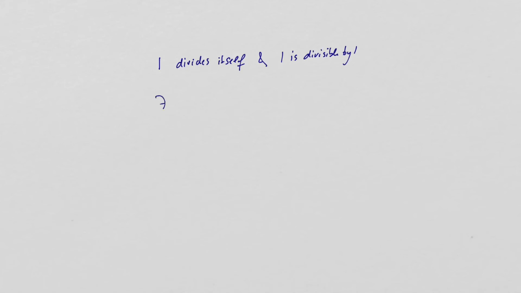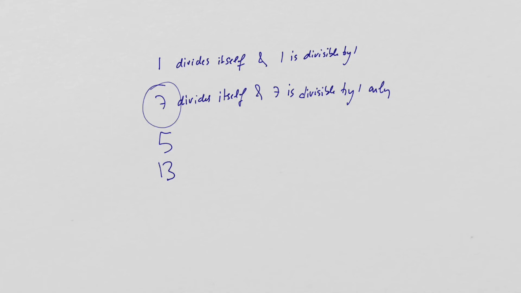Just like 7 divides itself, and 7 is divisible by 1, by 1 only. 7 is divisible by 1 only. Therefore, 7 qualifies to be a prime. And 5 is a prime, and 13 is a prime. They're not divisible by other numbers other than by 1 and by themselves.